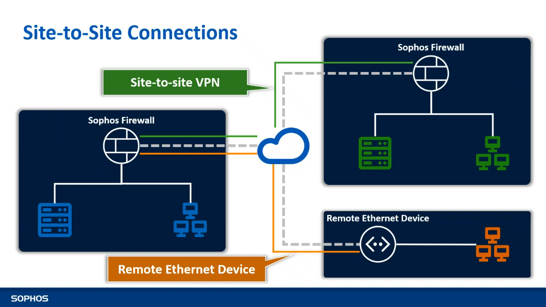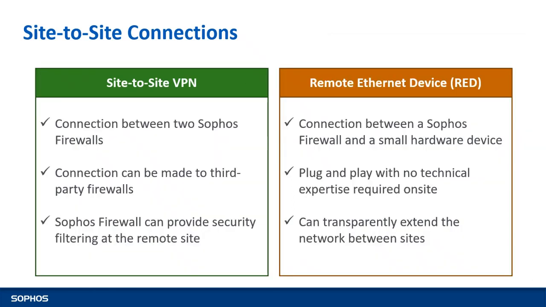For example, a small site that routes all traffic back to the head office may be a good fit for a RED, saving on the need for a full Sophos firewall on site, whereas a large site that needs a Sophos firewall for web filtering and web server protection could be connected using a site-to-site VPN without the need for additional hardware.